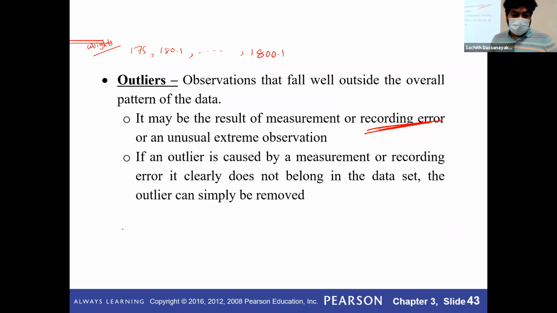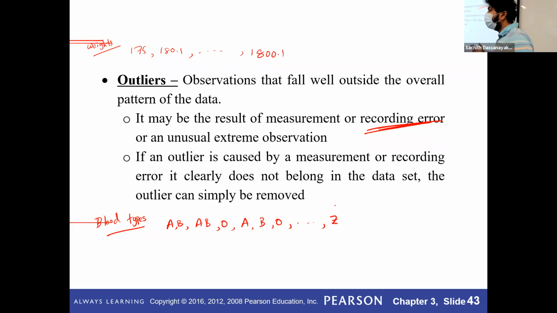And next one, let's consider blood types. You know, we have blood types A, B, AB, O. In this data set, you can see again A, B, O, something like that, but you will see something like this, Z. There is no blood type called Z, right?